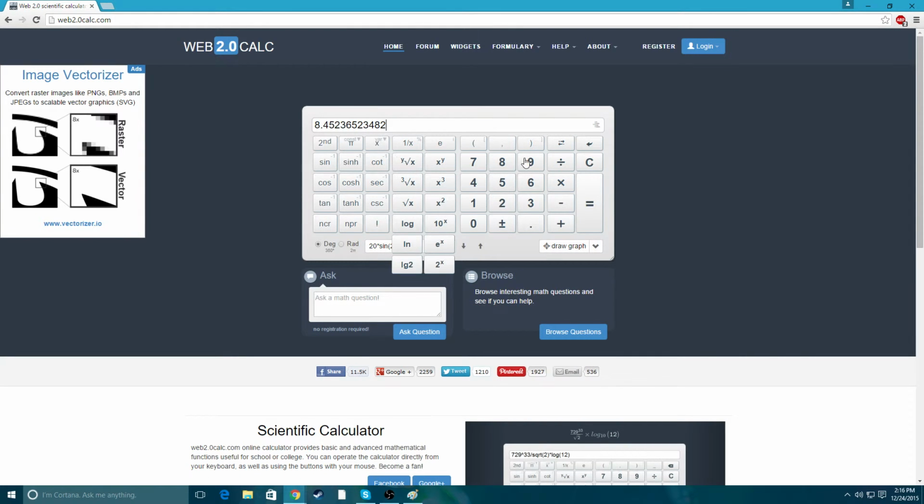So we're going to plug that into a calculator. Where is inverse? Cosine.